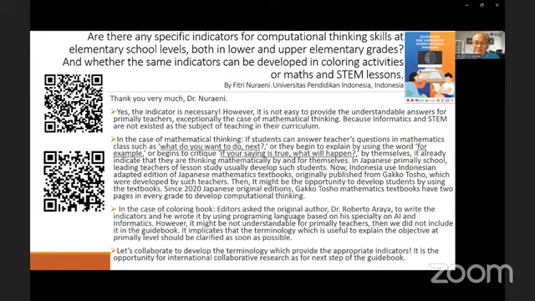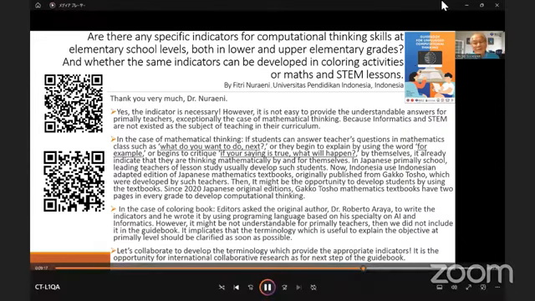And it is developed by the super teachers, okay, and their classroom students pose such questions from the first grade of the primary school level. Then it might be the opportunity to develop students by using the textbook in the case of Indonesia.